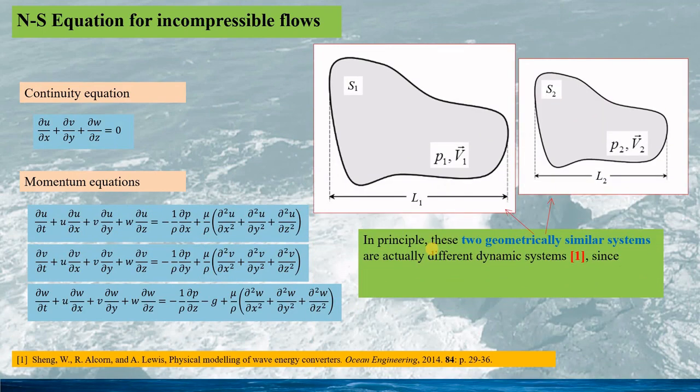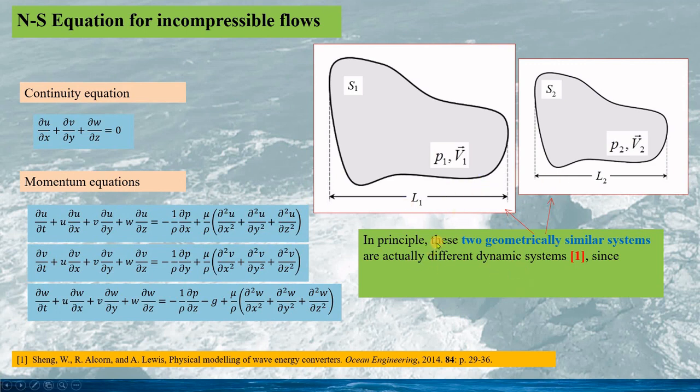Now, we look at two geometrically similar systems, S1 and S2, with the characteristic lengths L1 and L2. In the published paper I did in 2014, I first did such an analysis using the Navier-Stokes equation to look at the key issues for the physical modeling.